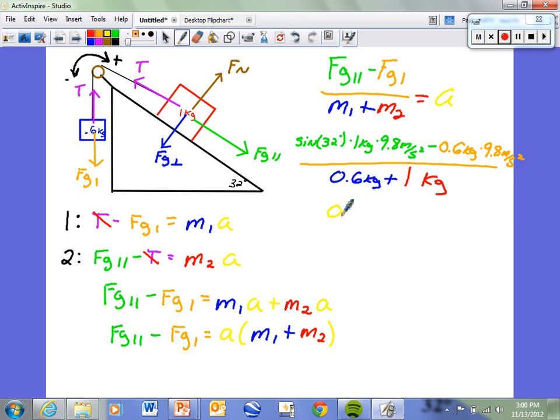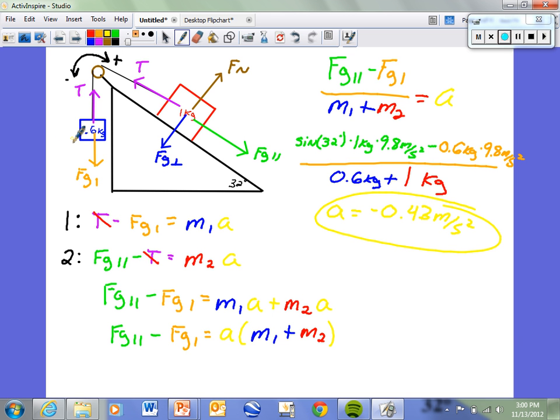Plugging into our equation, we would get acceleration is negative 0.43 meters per second squared. That tells me that the system is going to go in the counterclockwise direction.